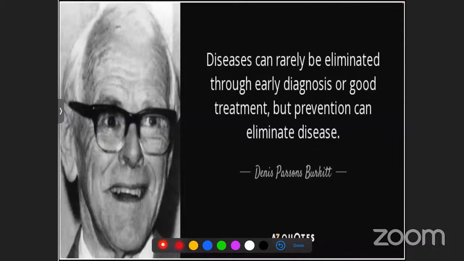So to conclude, for thalassemia, genetic counseling is needed because early diagnosis or good treatment will not play any role. What we need to do is eliminate the disease. So the key take-home message in thalassemia is genetic counseling.